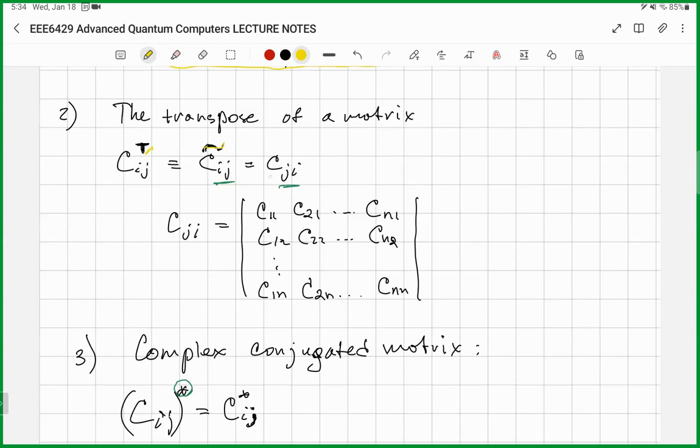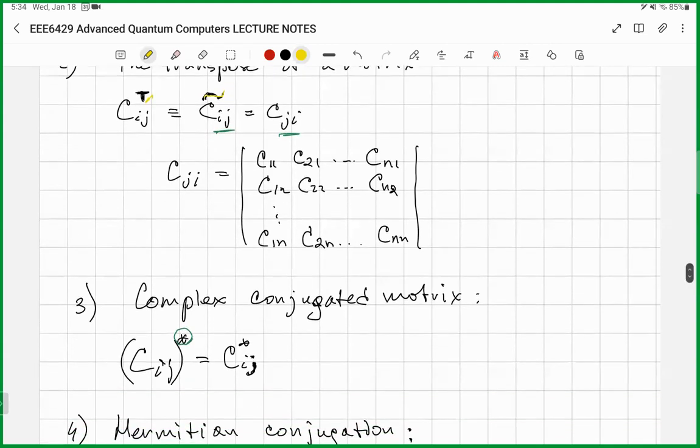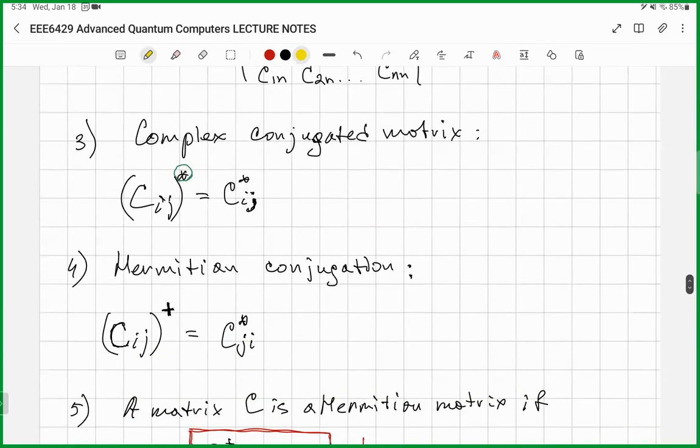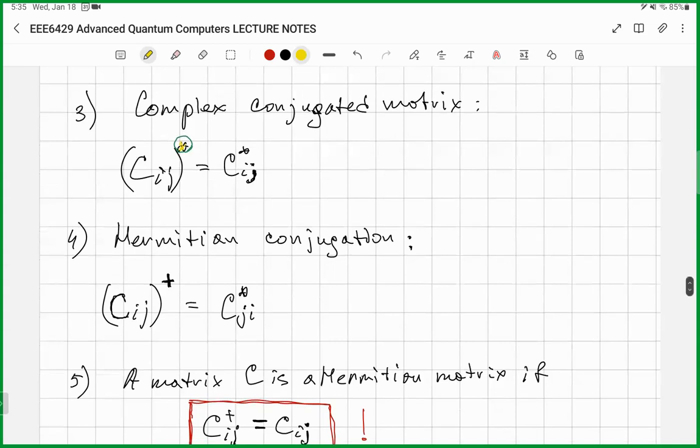It was ij, you replace it with ji, and that means that you replace the columns by rows and vice versa. The third operation is also simple. It's taking complex conjugation. A complex conjugated matrix is denoted by this star sign here, and it simply means that you take the complex conjugate of all the components.